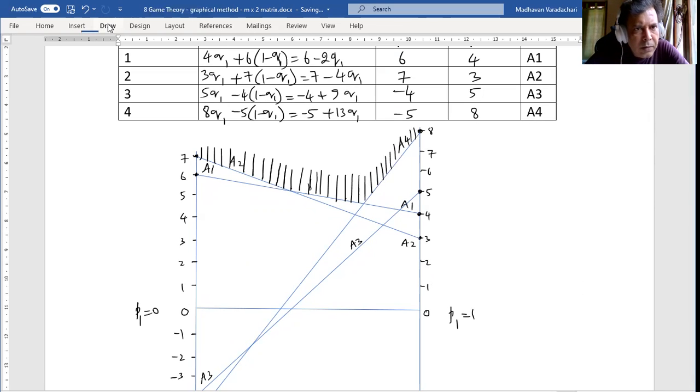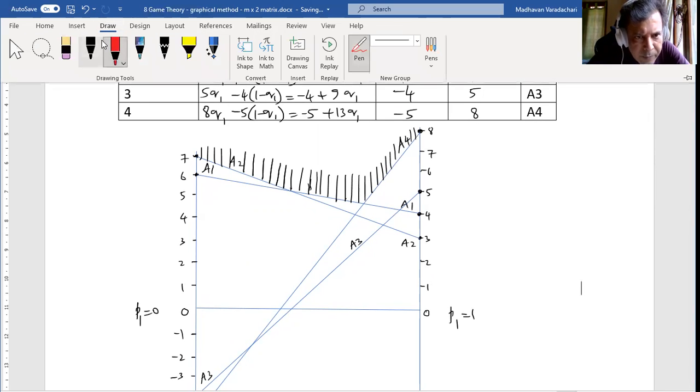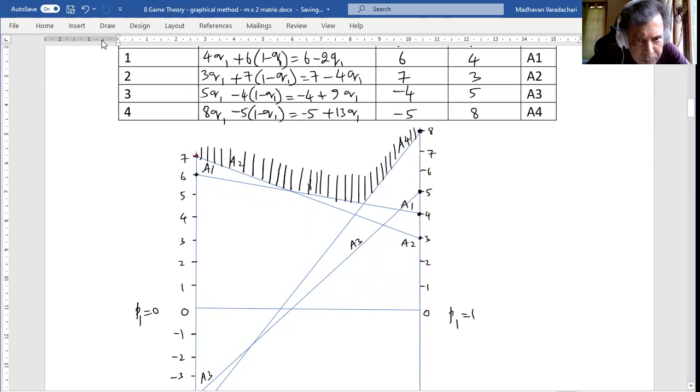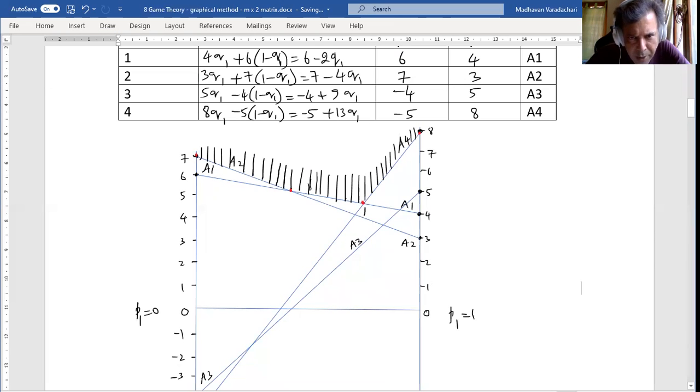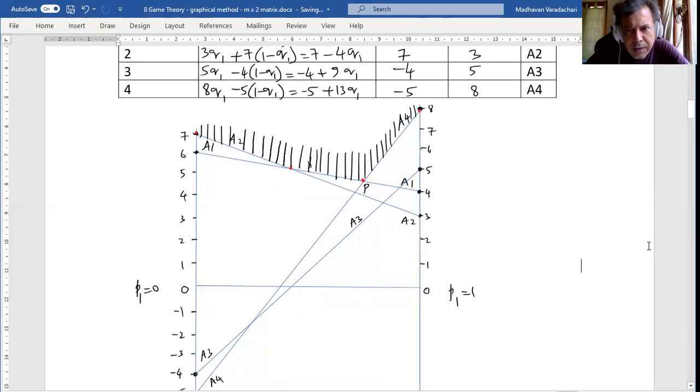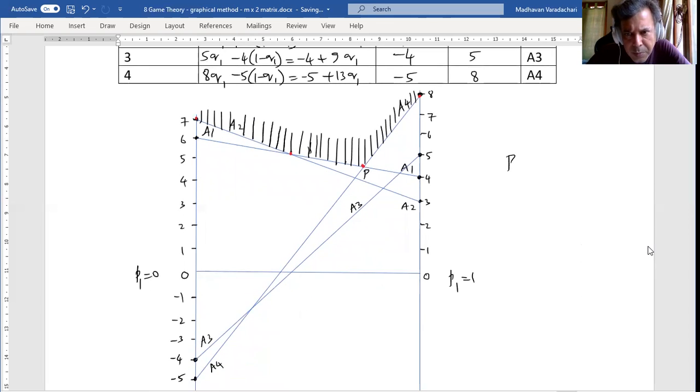Now we identify the corner points. One is this, one is this, one is this, and one is this. In this, we need to identify the least. Least is at this point, and we call that P, which is the intersection of A4 and A1.